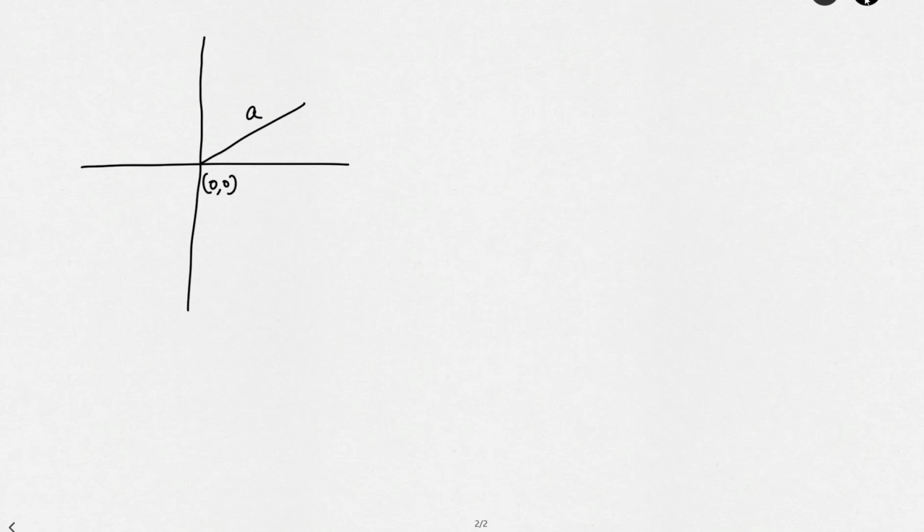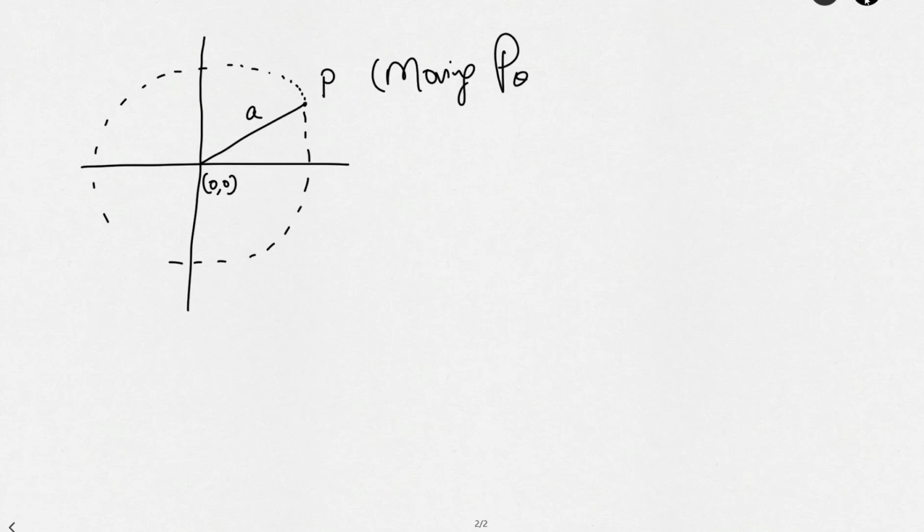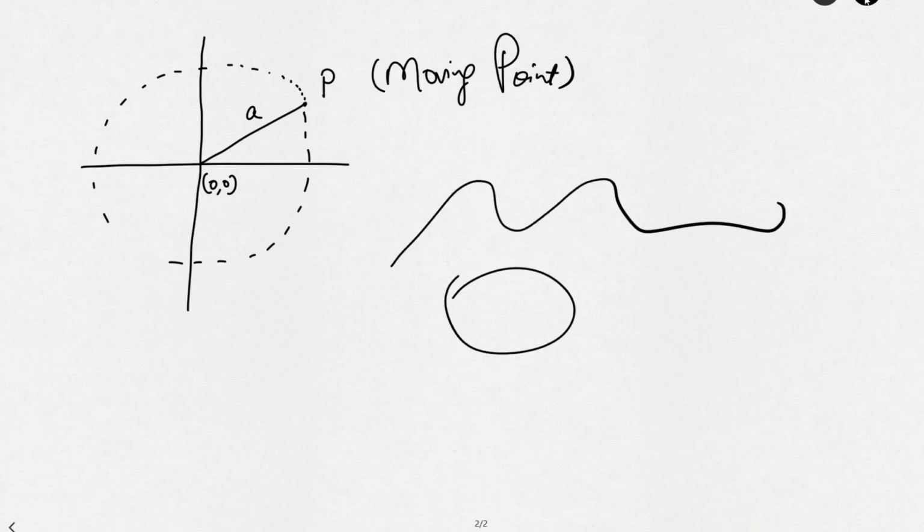So how to solve this? This P is the moving point, right? The locus is always the curve traced out by the moving point. So locus is nothing but the curve traced by point P. It could be this, it could be this, it could be a parabola, it could be a straight line, anything.